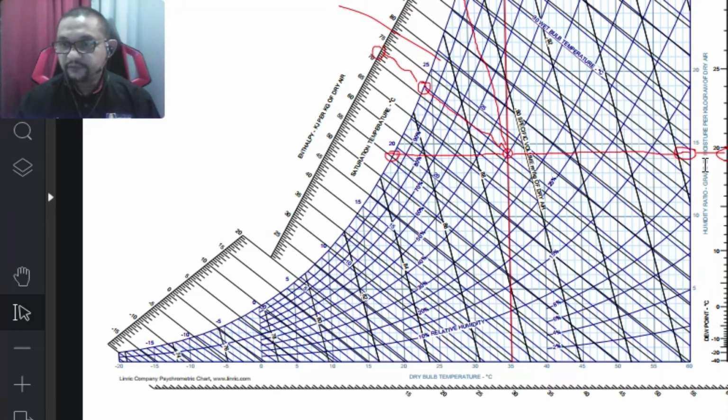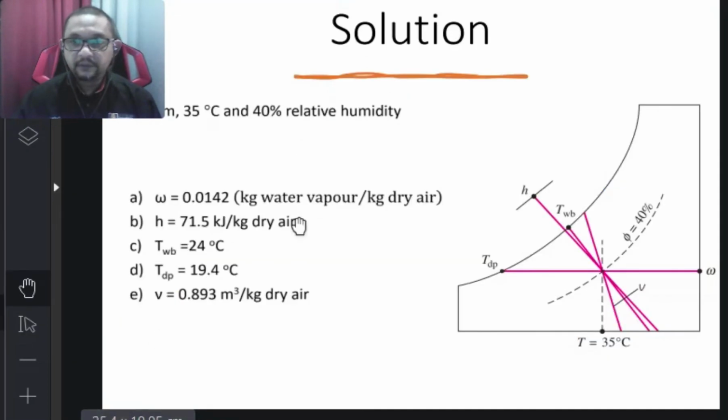So you have to divide it by 1000 to make it the unit kilogram water per kilogram dry air. By dividing by 1000, you will get the answer about 0.0142 kilogram water vapor per kilogram dry air.